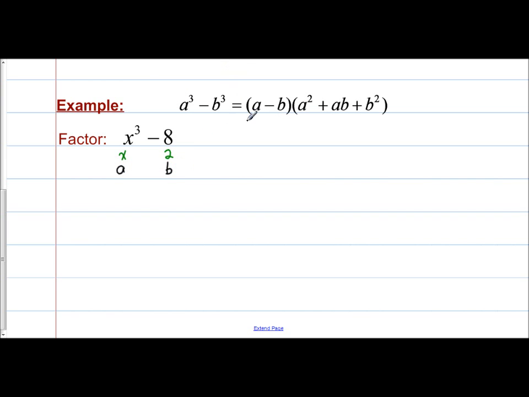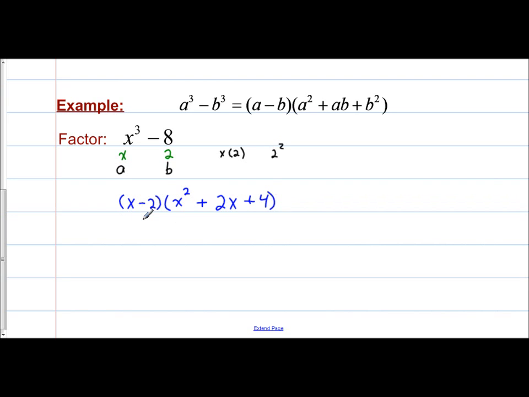When I plug into my formula, a minus b gives x minus 2 in the first parentheses, times, in the second parentheses, a squared, so we square x to get x squared, plus a times b, which is x times 2, 2x, plus b squared, which is 2 squared, just 4.